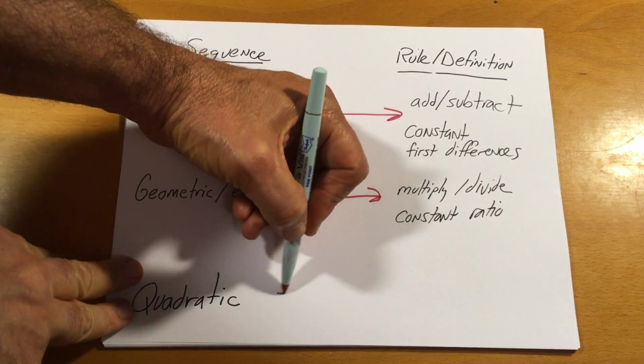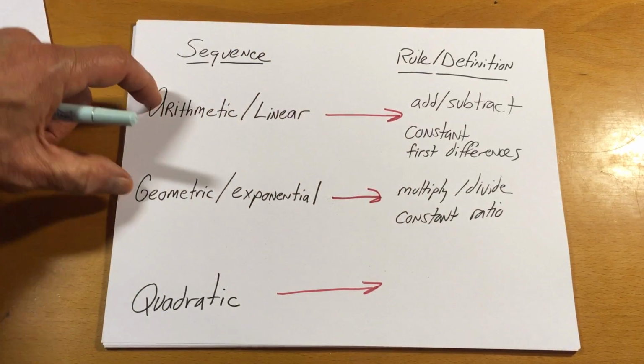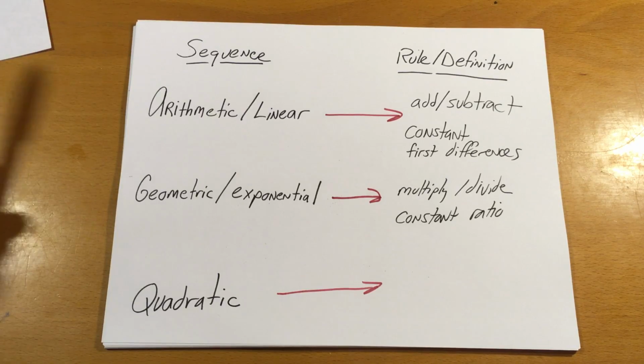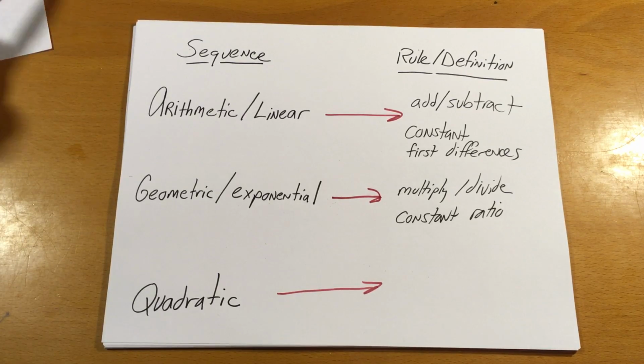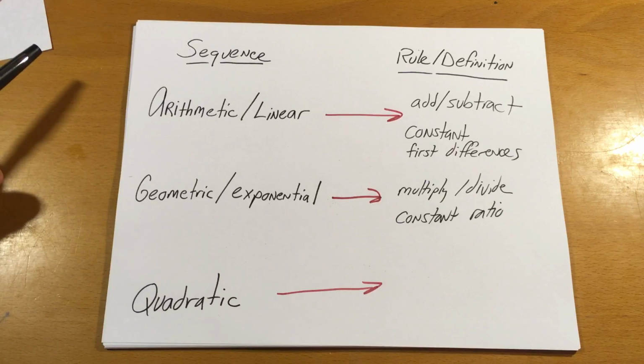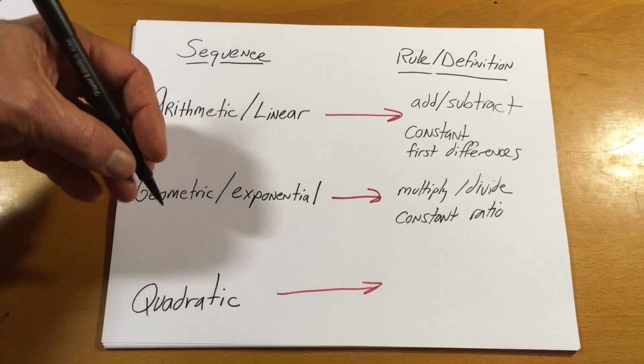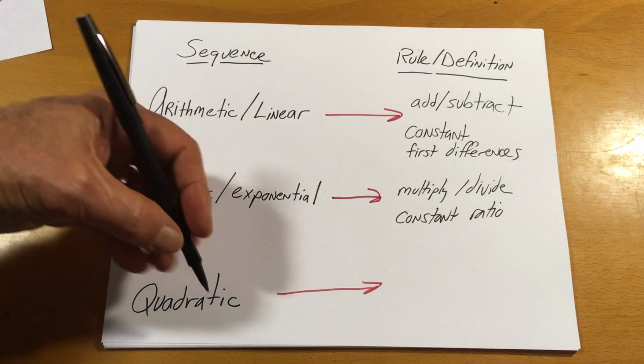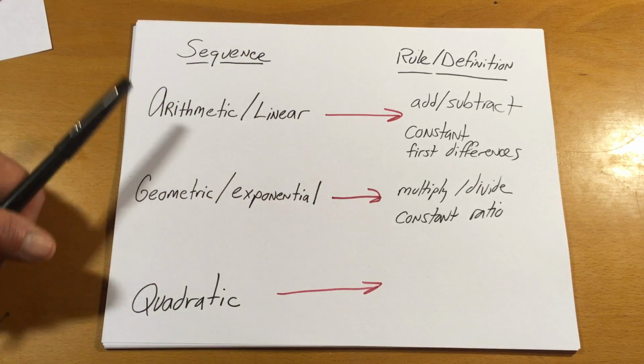And quadratic is the third type. You can think about arithmetic and geometric as the two basic types of sequences, and quadratic is the first new, or more complicated, type of sequence that we learn. Quadratic isn't as obvious as adding, subtracting, multiplying, dividing, but it does have a straightforward rule or definition.